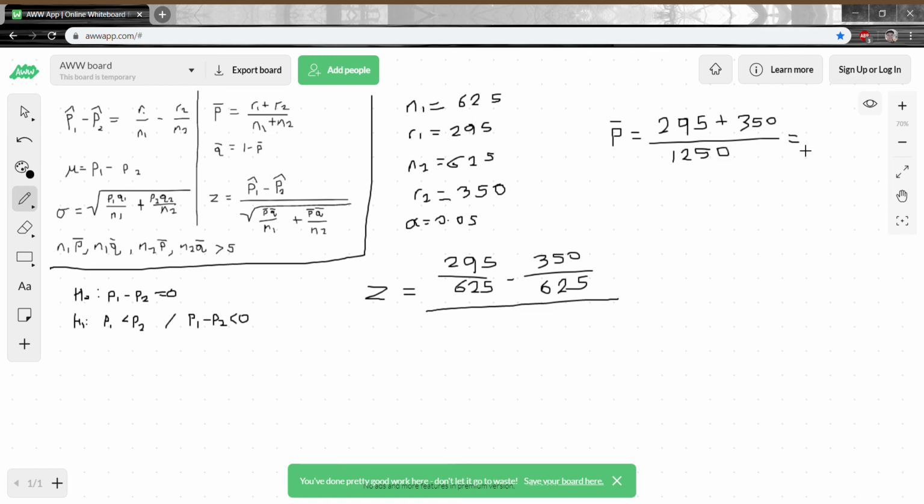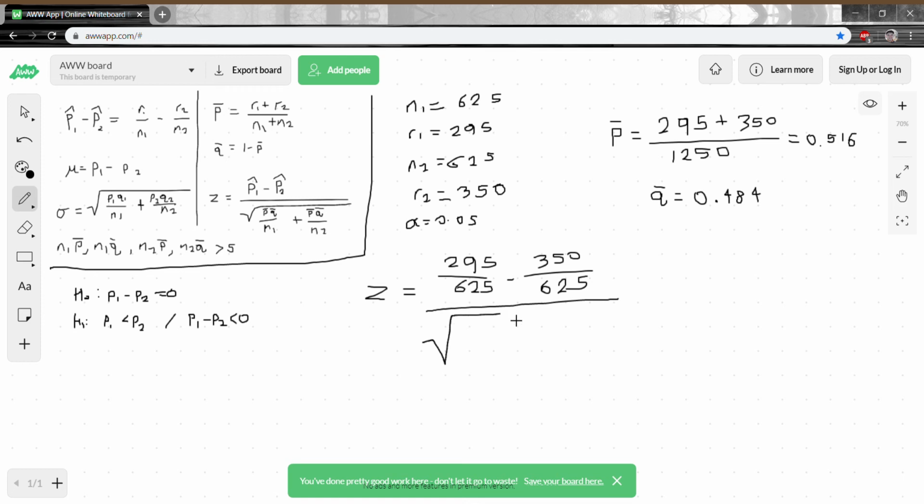So our value of P bar is 0.516. And with that, we can go ahead and calculate Q bar. It's going to be 1 minus P bar, and that value is 0.484. And with these, we can finish calculating our test statistic.